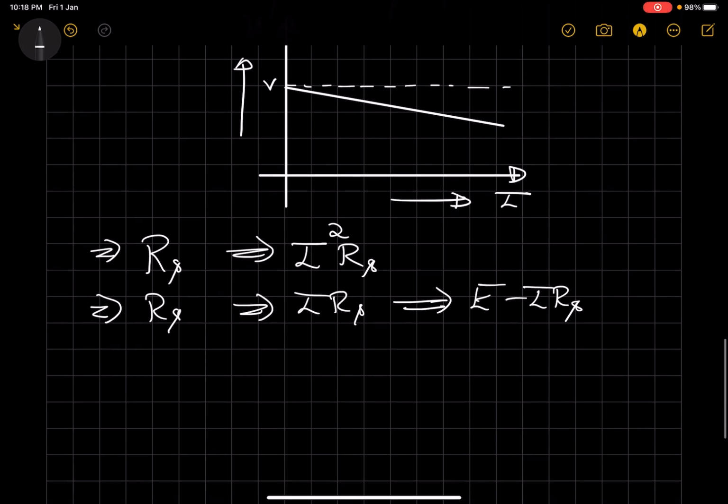And as the battery ages, this Rs tends to increase. This will result in more power loss and also lesser voltage for the loads.